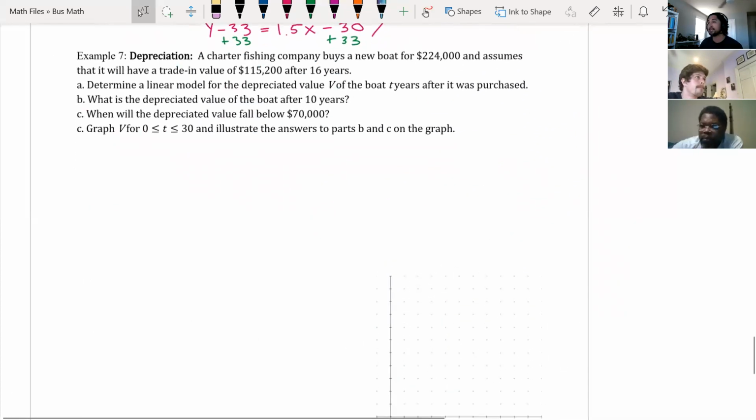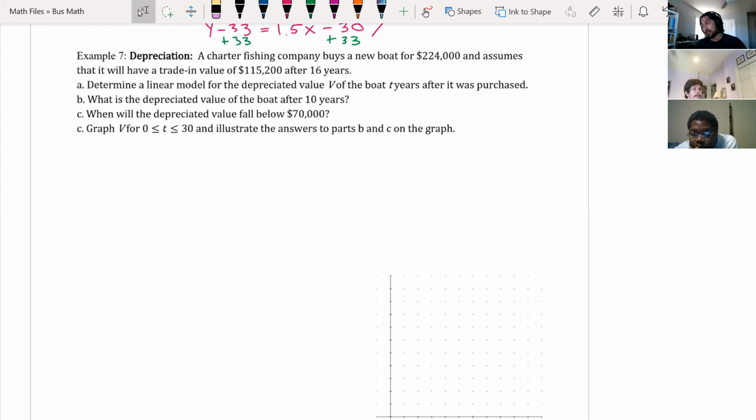All right. Example 7. A charter fishing company buys a new boat for $224,000 and assumes that it will have a trade-in value of $115,200 after 16 years. Determine a linear model for the depreciated value V of the boat T years after it was purchased.